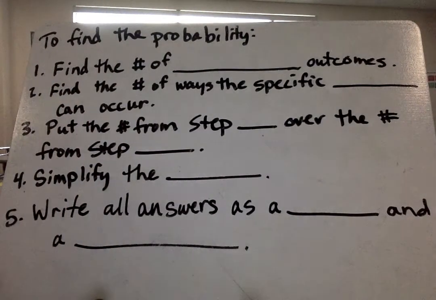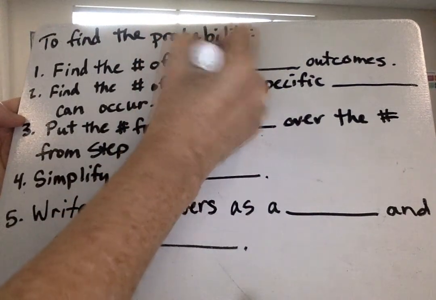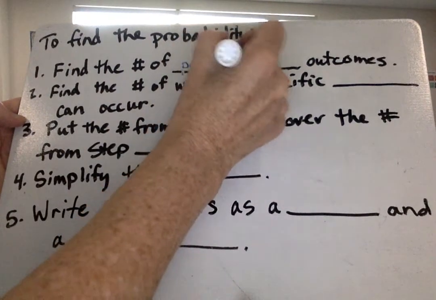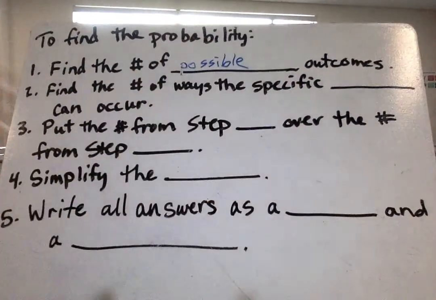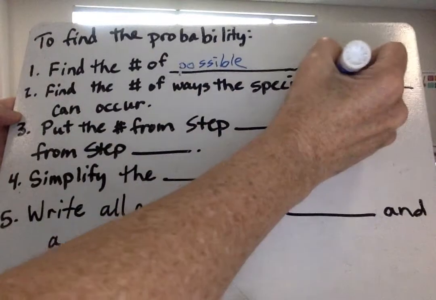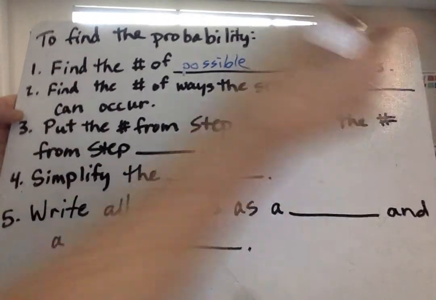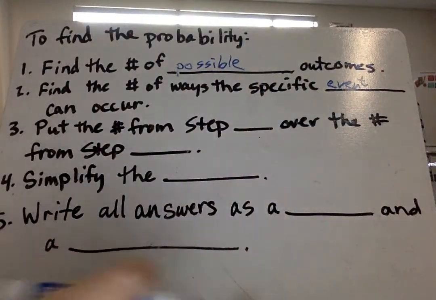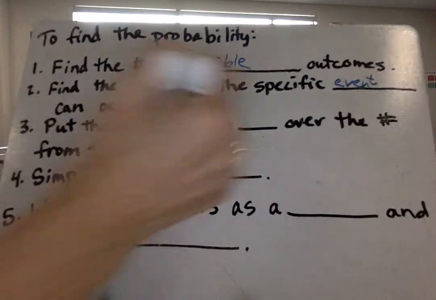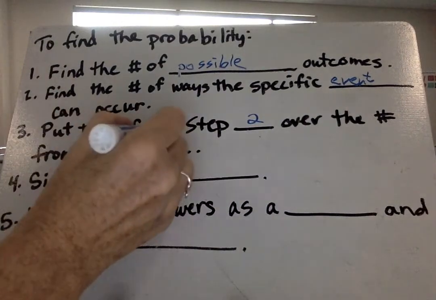So to find the probability, the first thing you need to do is find the number of possible outcomes. So write the word possible. Then find the number of ways the specific event can occur. Put the number from step 2 over the number from step 1.